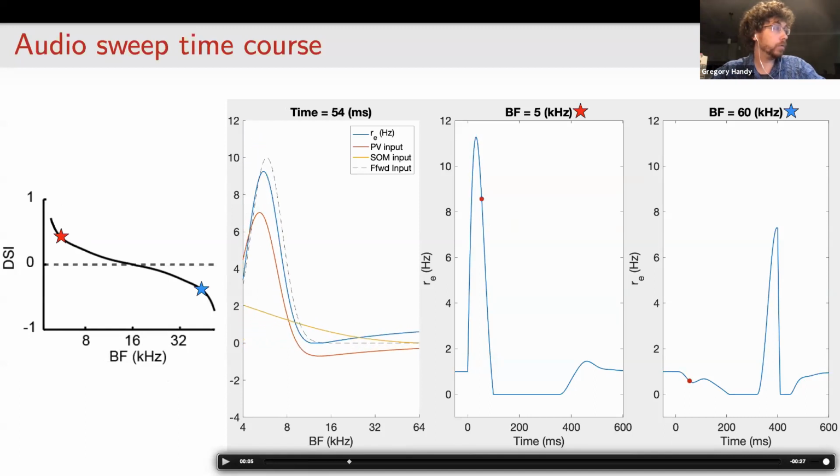Over time, we see that the PV cells also start to turn on, but these SOM cells, which have the slower recruitment timescale, start to turn on, and because of their broad projections, they end up projecting ahead of the feed-forward input.